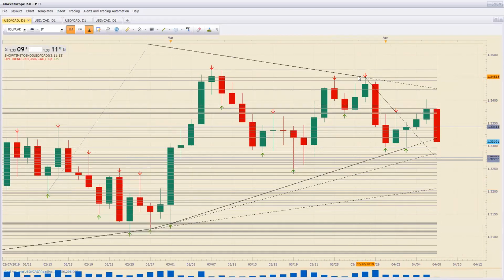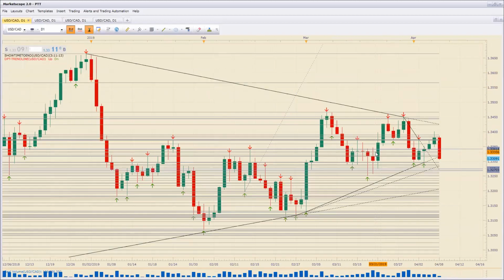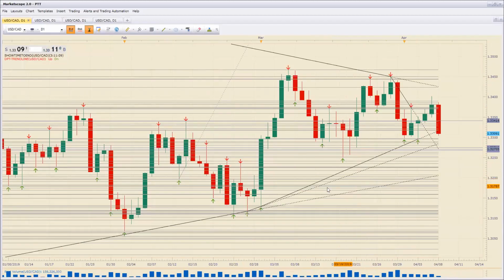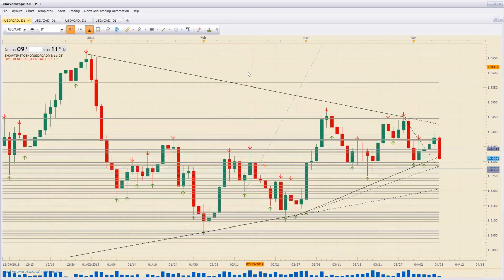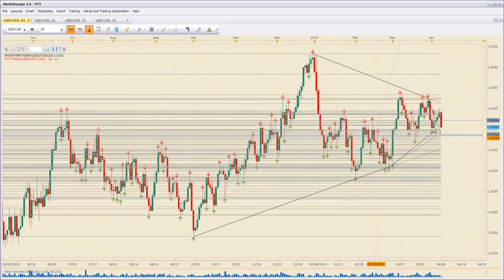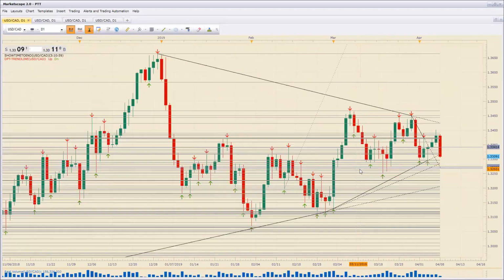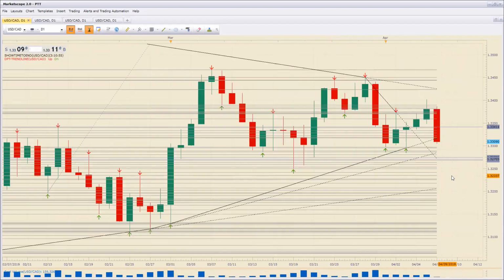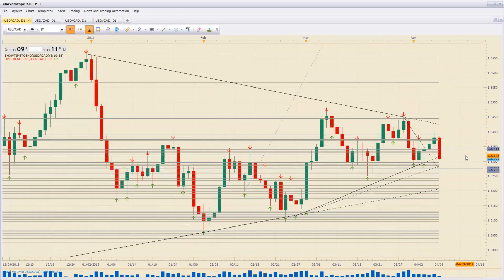So this one's kind of wedging, forming higher lows and lower highs. Overall, the bigger trend is up. So from this selling pressure, we should see these lows get broken, forming that lower low from the lower high here.